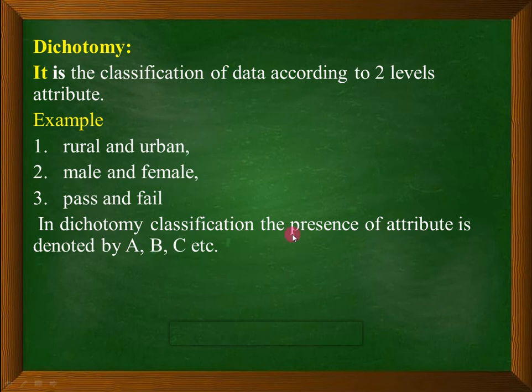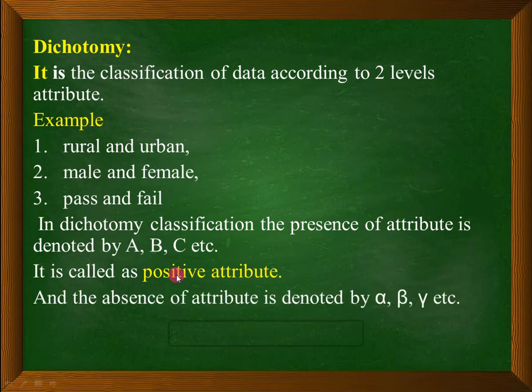In dichotomy classification, the presence of attribute is denoted by capital letters A, B, C, etc. It is called as positive attribute. And the absence of attribute is denoted by Greek letters alpha, beta, gamma, etc. and it is called as negative attribute.